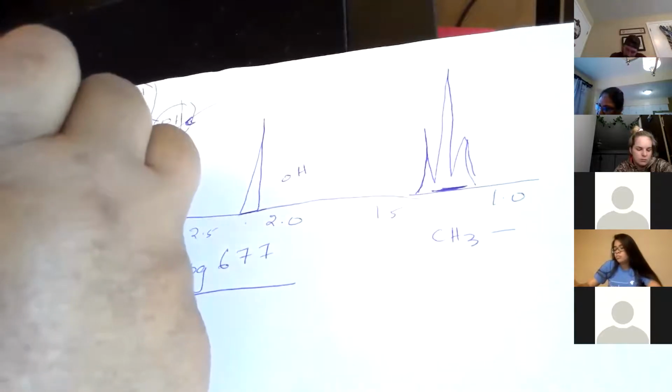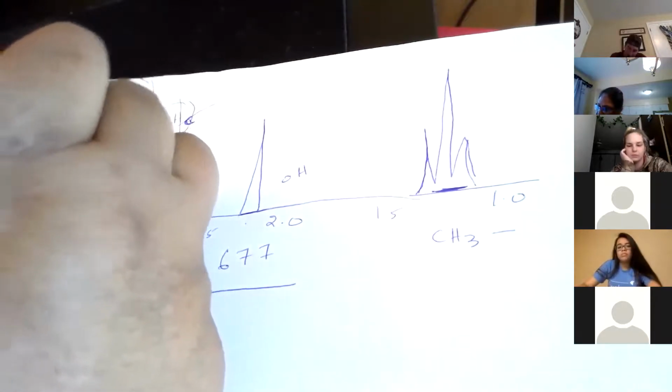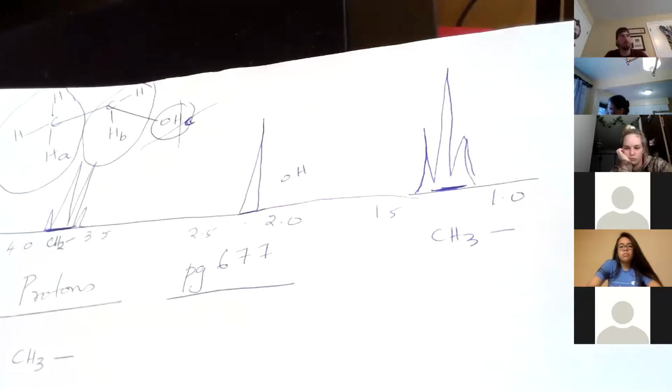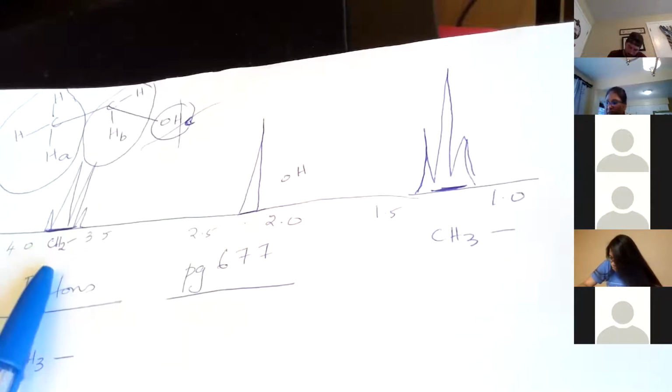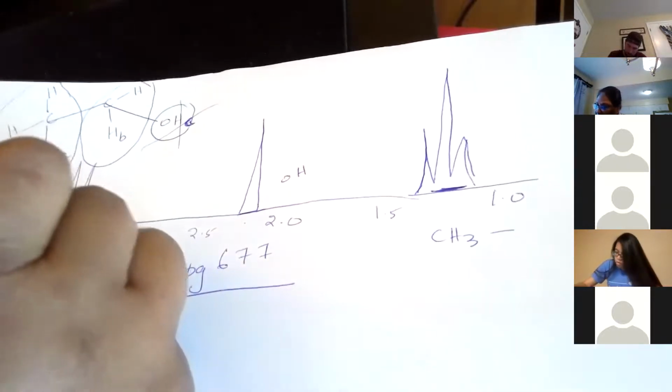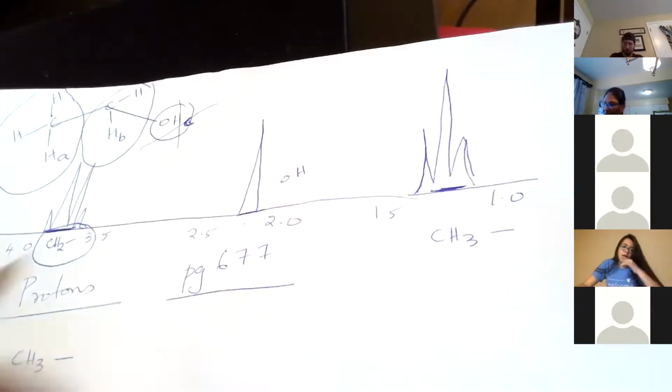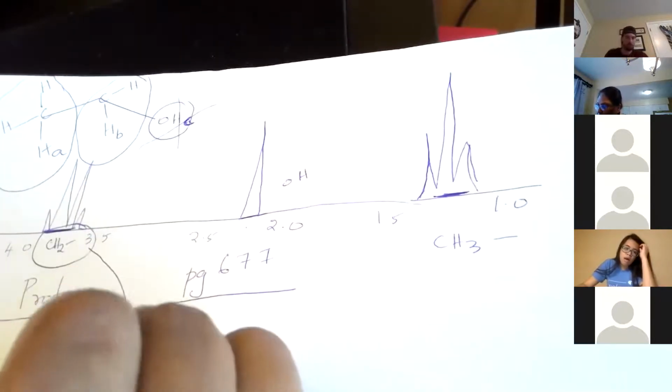And what's the ratio, Hutch? Is it 1 to 3 to 3 to 1? Something like that. So this is a typical spectrum, and here lies my CH2. How do I know that the CH2 should be here? You get this from your table.